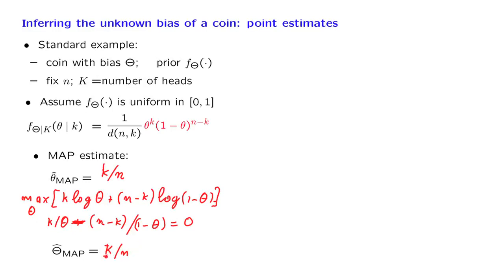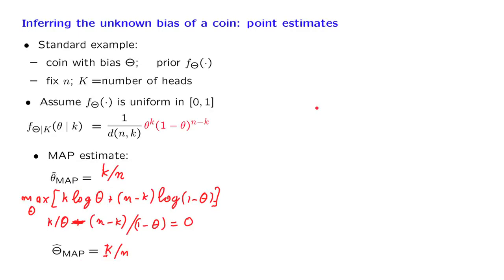So it is a random variable whose value is determined by the value of the random variable capital K. If the random variable capital K happens to take on this specific value little k, then our estimator, this random variable, will be taking this specific value, which is the estimate.